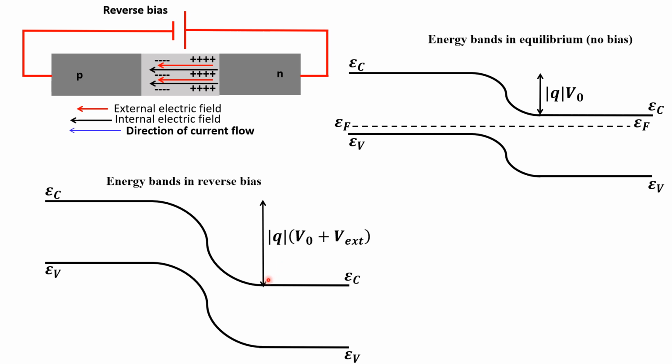So that means that the electrostatic potential difference now in reverse bias is even higher than in equilibrium.